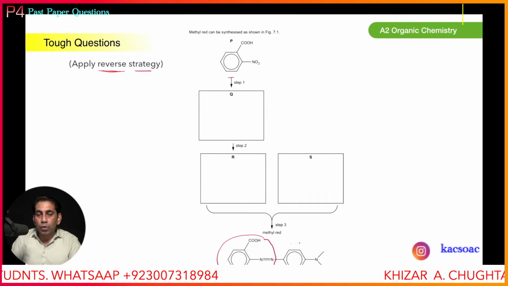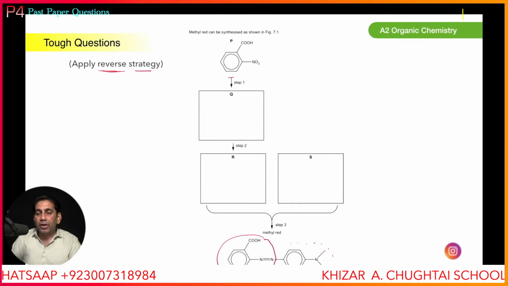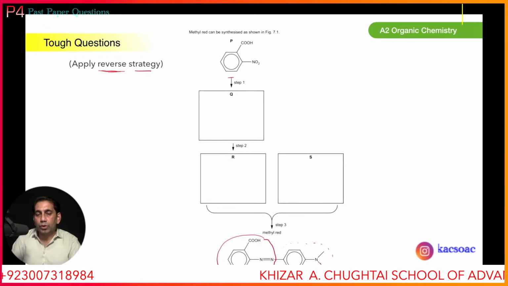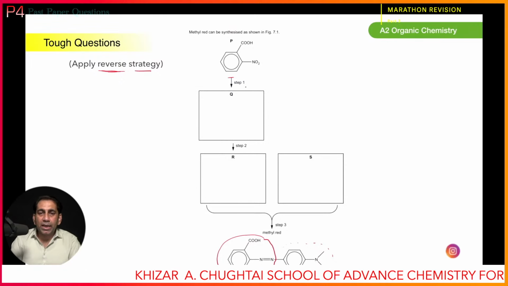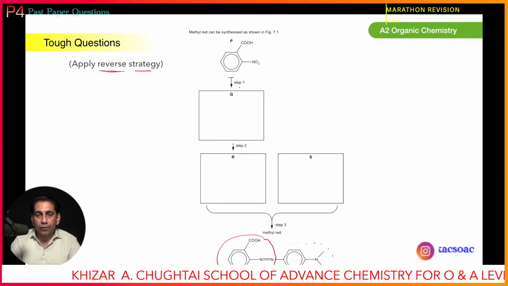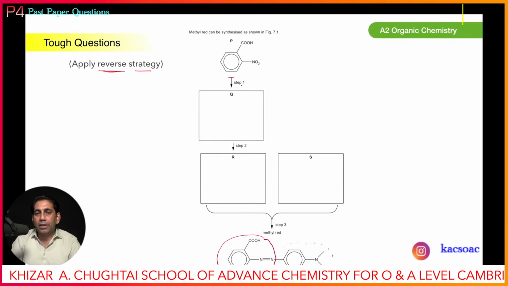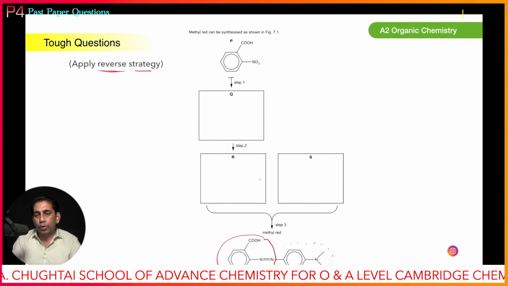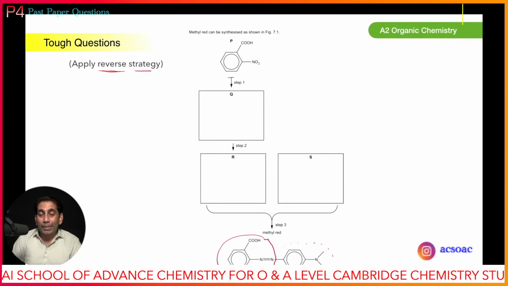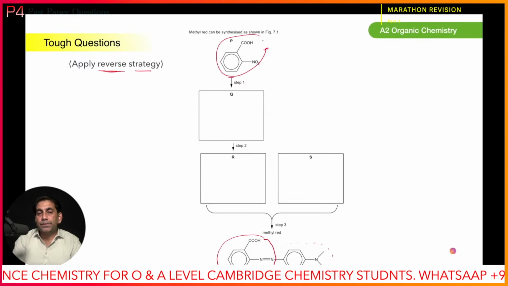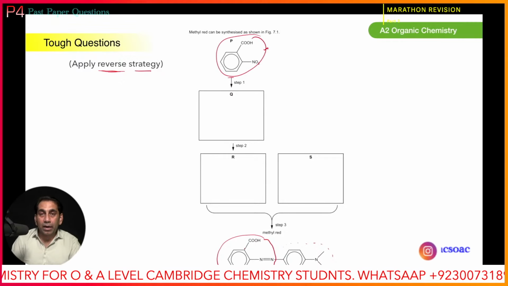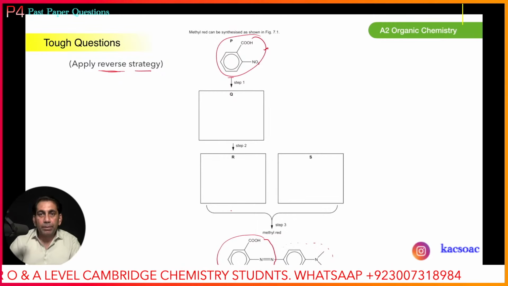And this is the new compound that is having 2 methyl groups over nitrogen over here, and this is the one benzene ring. So once again, I'm going to start from this one to make step 1 and step 2, then I'm going to mix it with S. Basic thing is this encircled portion is coming from P.